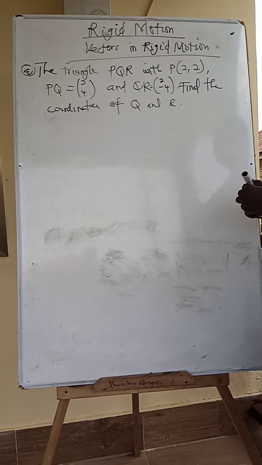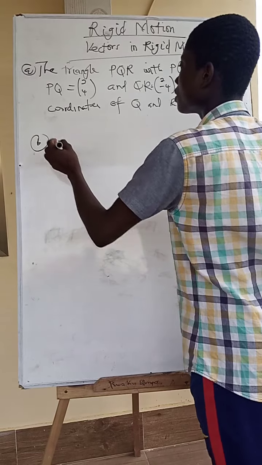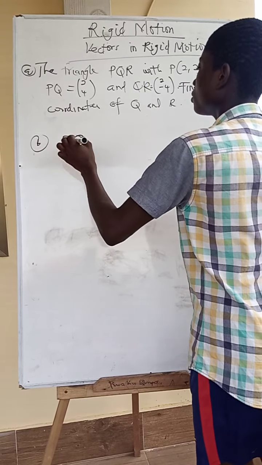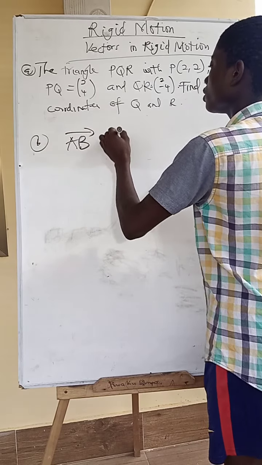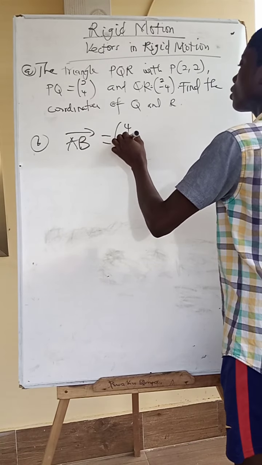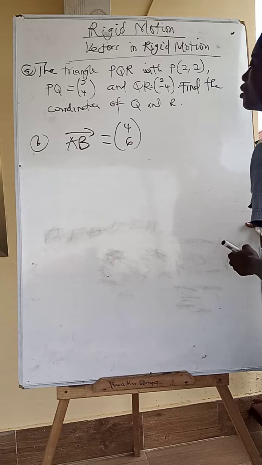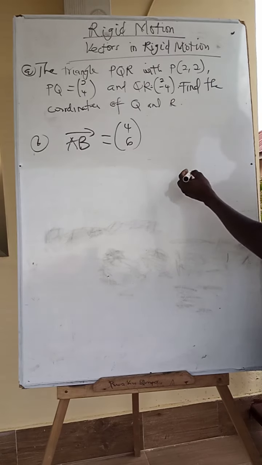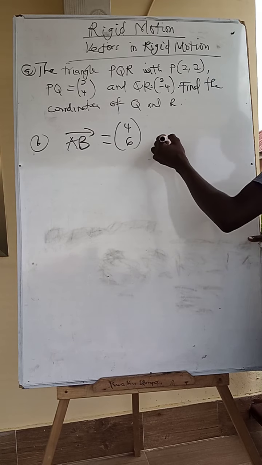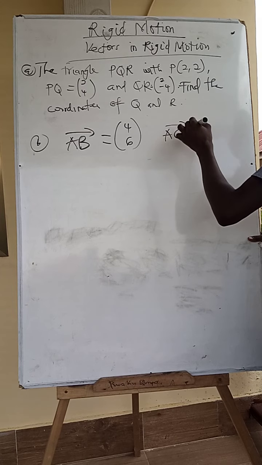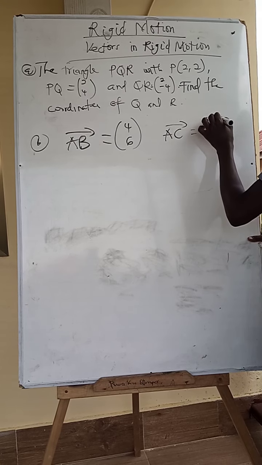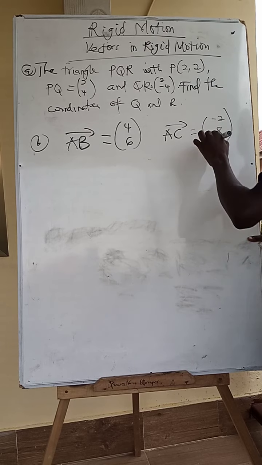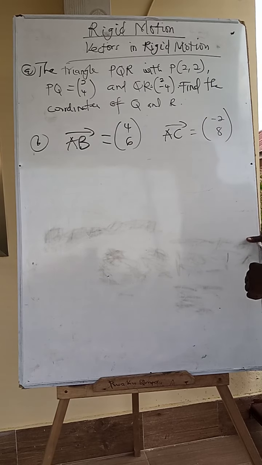Now, here let's take another question B. Given that our vector AB equals 4, 6, and let's say our AC equals -2, 8.